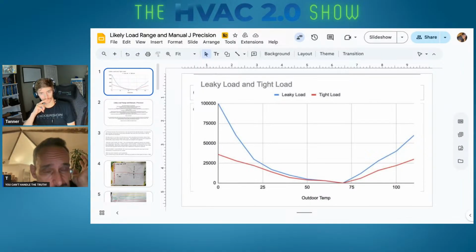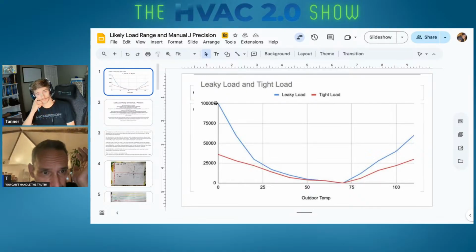But if the house is tight and well insulated, as you can see with the red line here, the variation in your load is much smaller. So this basically is the amount that you're guessing. Is this a tight, pretty well performing house, or is it a loose, pretty poorly performing house? If it's a tight house, heating load might be under 50,000. If it's a loose house, it might be 100,000.